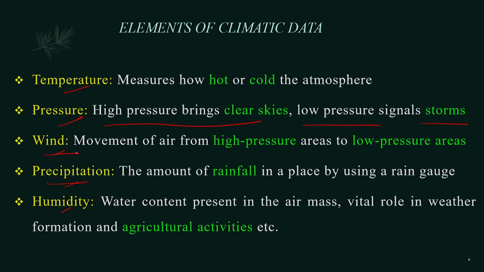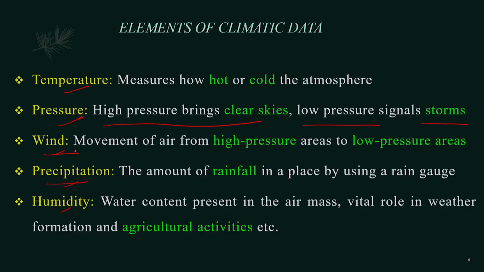Then comes the wind. Wind data helps us understand the direction of the wind and from which region to which region it is flowing. Next comes precipitation. Precipitation is of different types, as we know: rain, snow, sleet, etc. In this practical session, we will only look into the rainfall data.